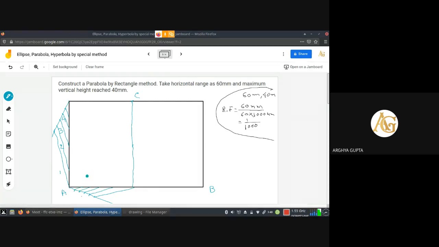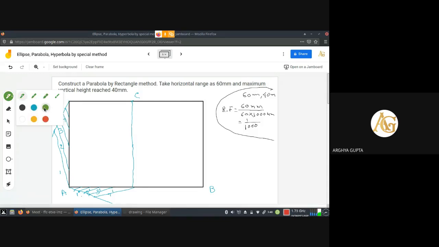Now 1 has been started from here, so that has to be named 1 dash, 2 dash, 3 dash, and 4 dash. So the points have been taken.